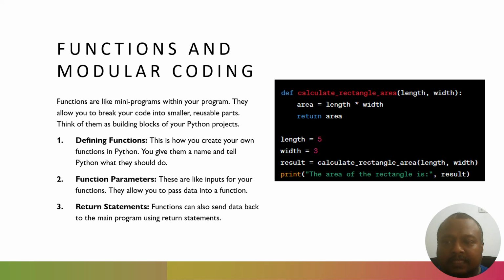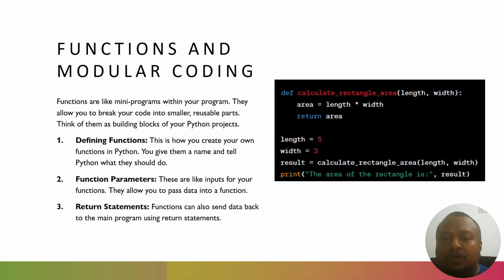One is length, one is width. And inside the function, you calculate area by multiplying the length and width and assigning it to area. And using a return keyword, you return the area back to the main program.